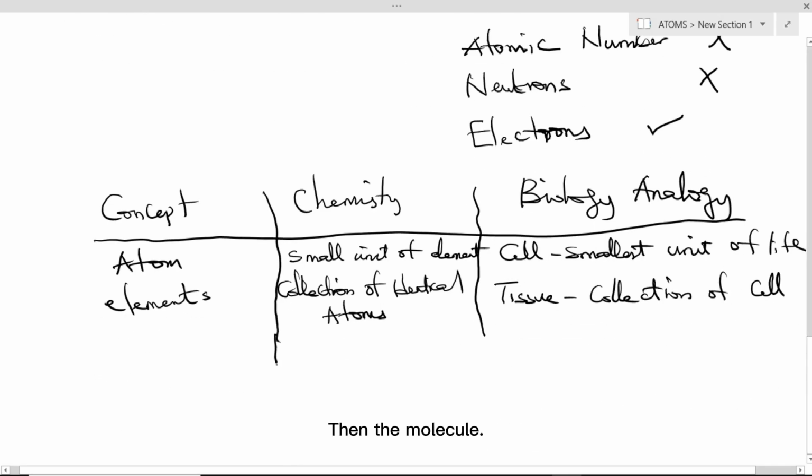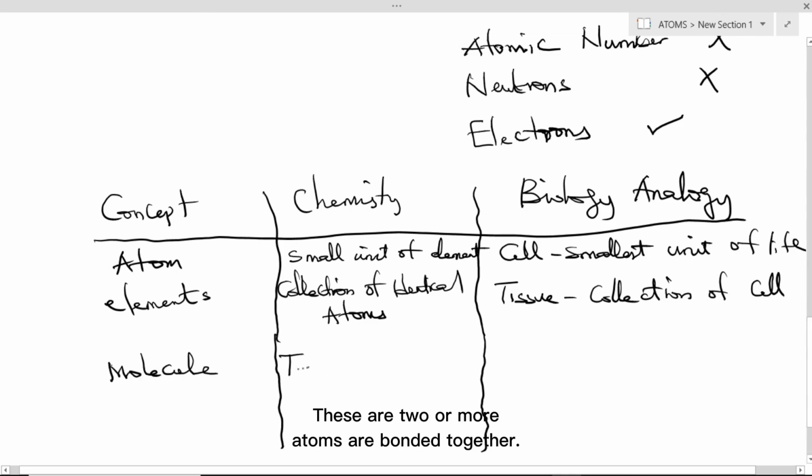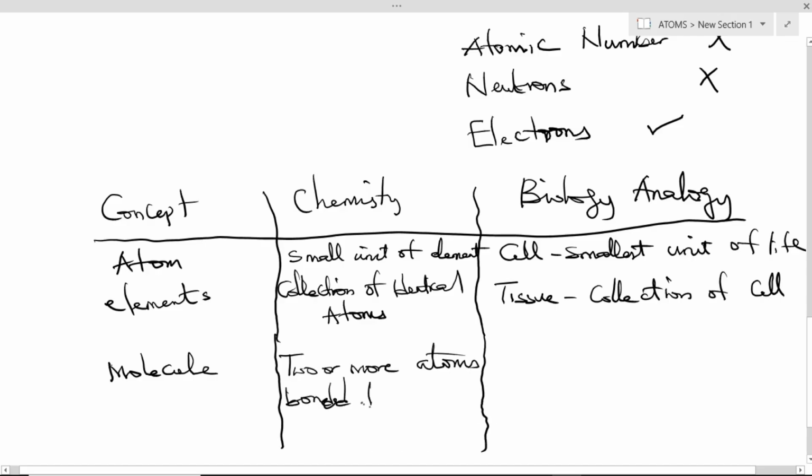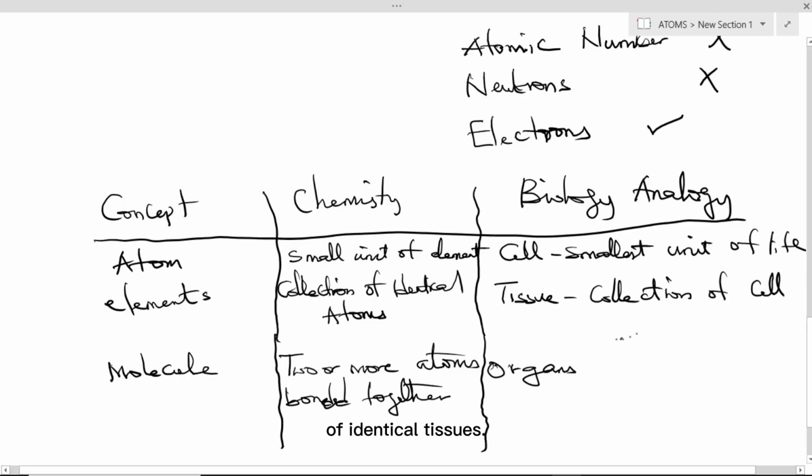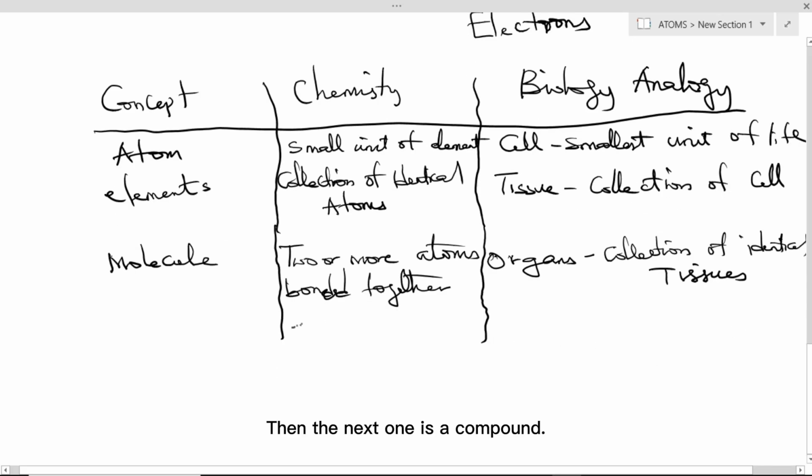Then the molecule, these are two or more atoms that are bonded together. Its equivalent in biology is organs, which are a collection of tissues. Then the next one is a compound.